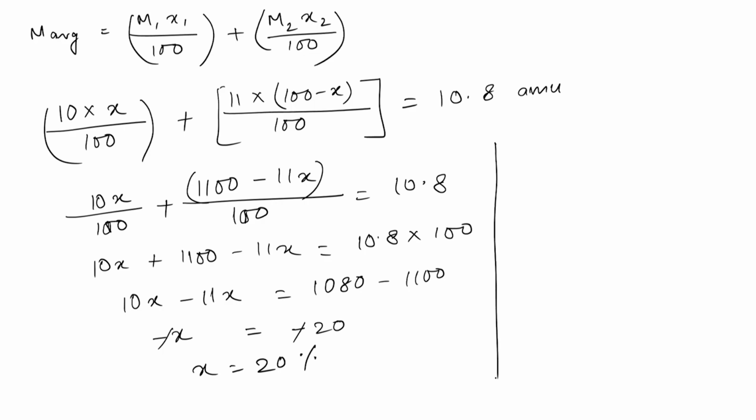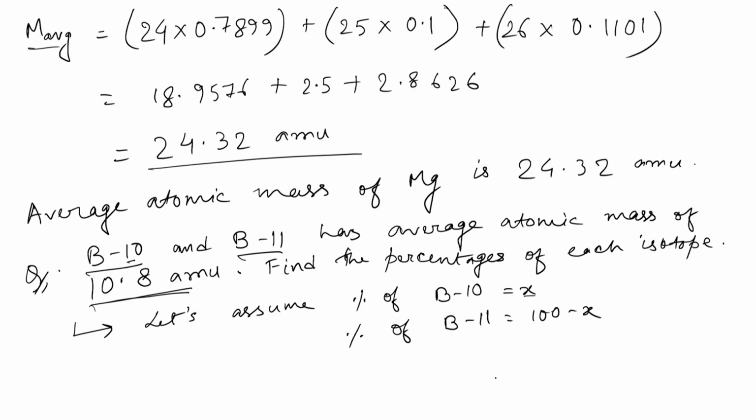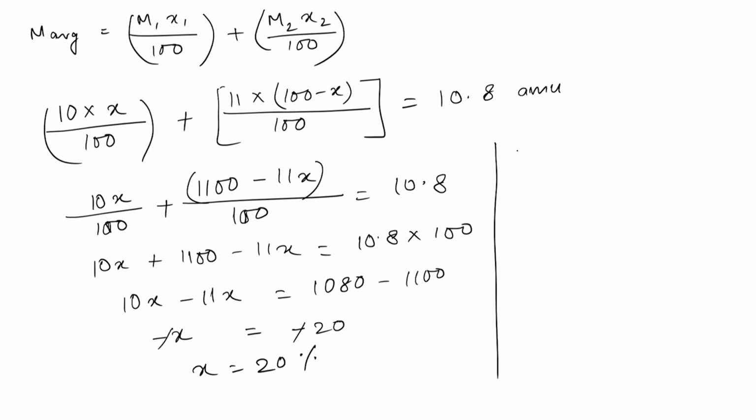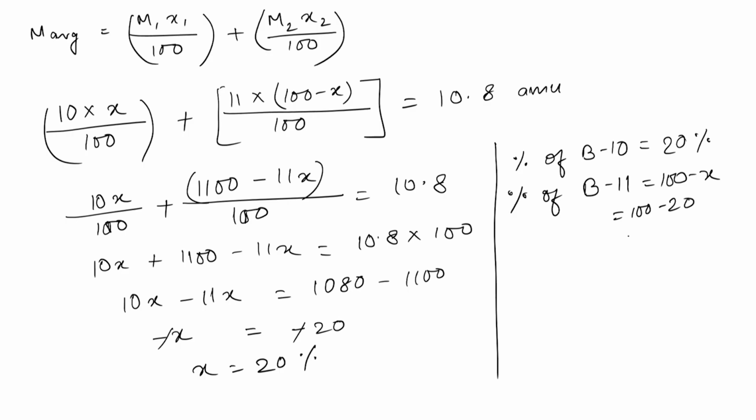So x is whose percentage? X is the percentage of B10. So percentage of B10 is equal to 20% and percentage of B11 is 100 minus x, that is 100 minus 20. So the percentage of B11 is 80%.